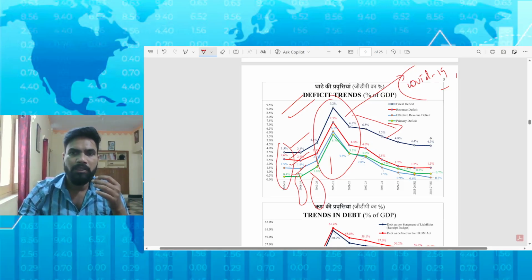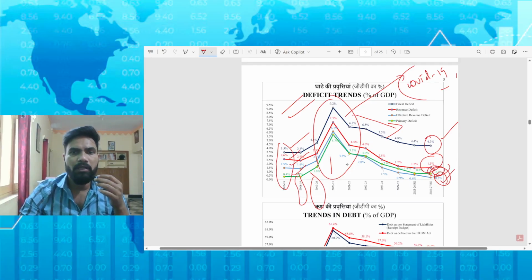So now at present, the budgeted fiscal deficit for the financial year 26-27 is 4.3% of GDP. Then revenue deficit will be 1.5% of GDP. The effective revenue deficit will be 0.3%, and the primary deficit will be 0.7%.